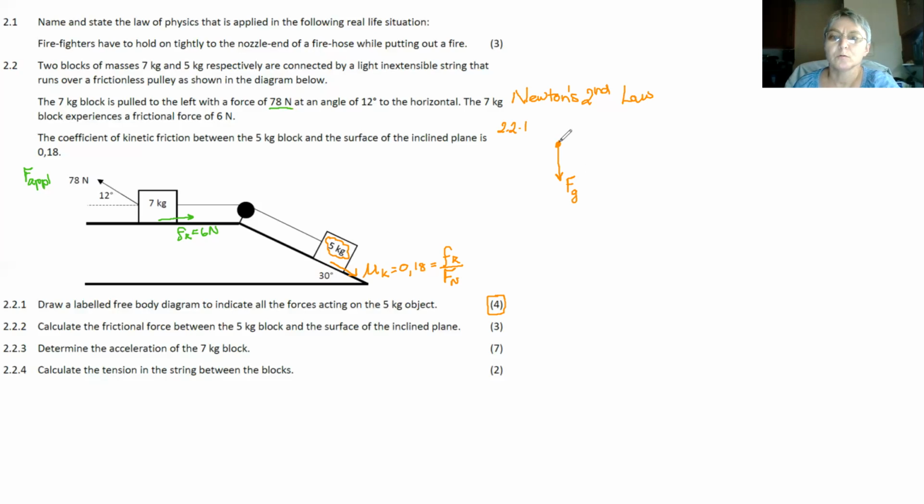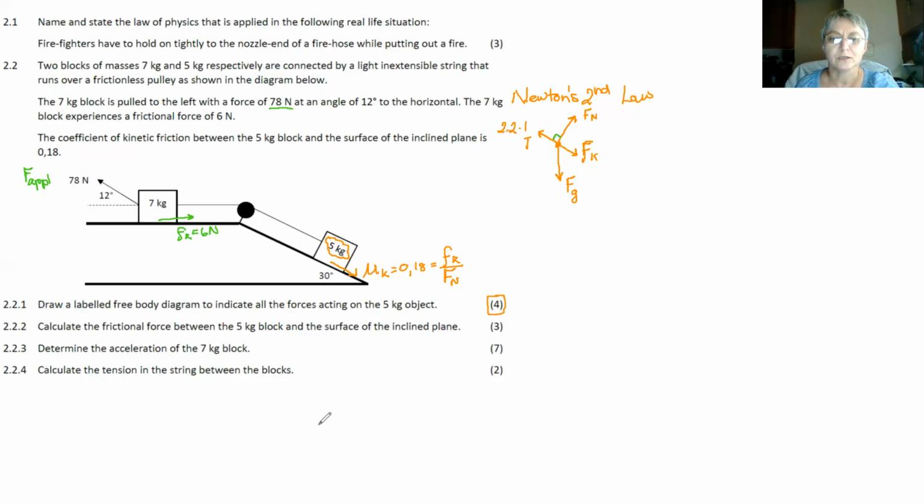There would be a normal force. There would be a frictional force. And there is a tension in the string. Now, the tension in the string and the frictional force are parallel to the surface, and the normal is perpendicular to that surface. So we need to just keep that in mind.